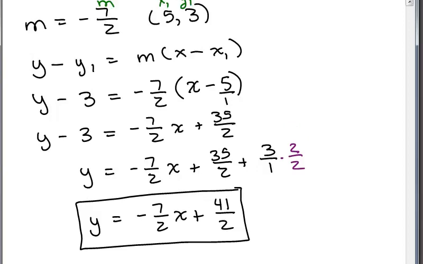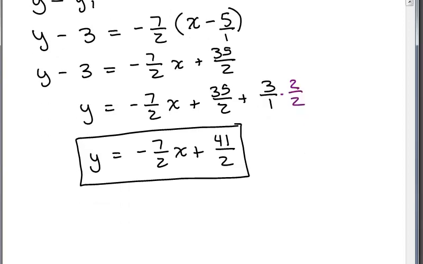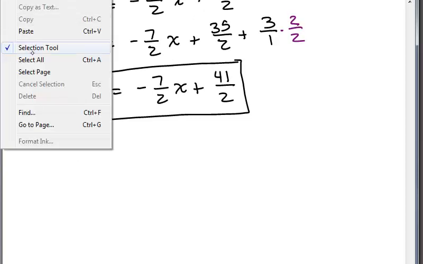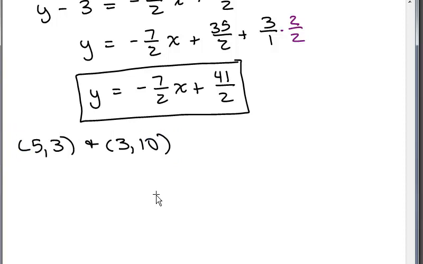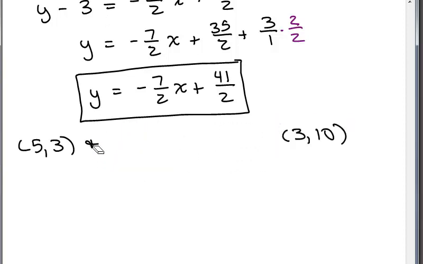There it is. Okay, so here were the 2 points, and the question is, are both of these points on this line? So let's just check one at a time. Let's just do a little check.